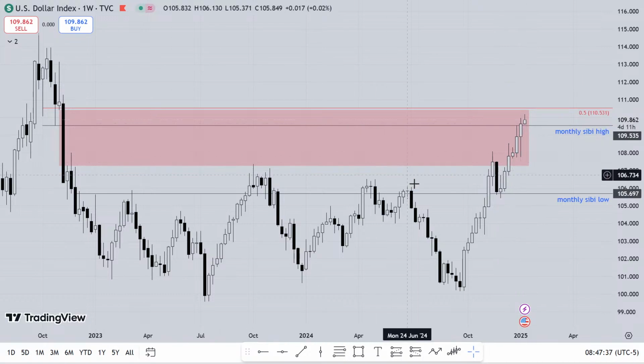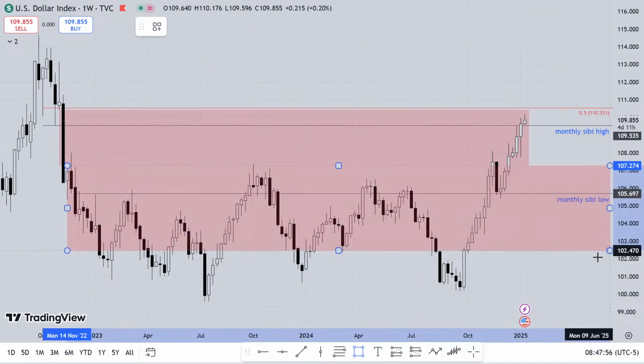So now we had this consolidation from 2022 up until 2024, December 2024, in which we broke this range. This is the range I'm talking about.